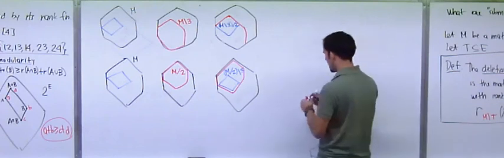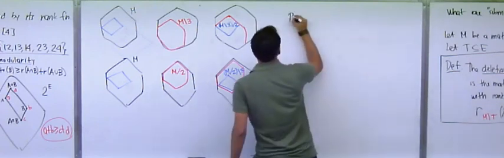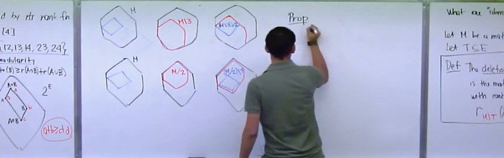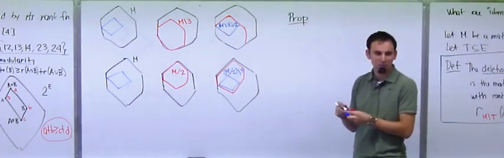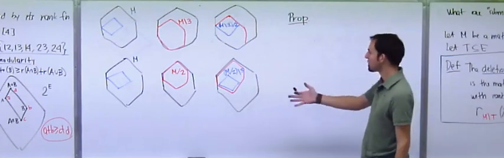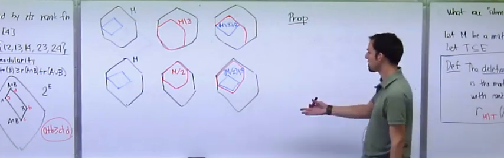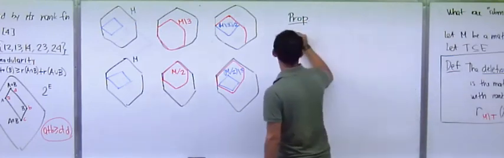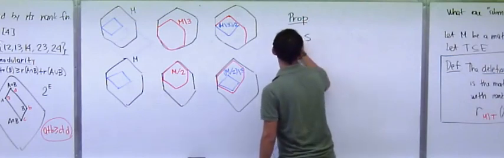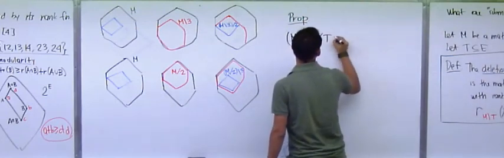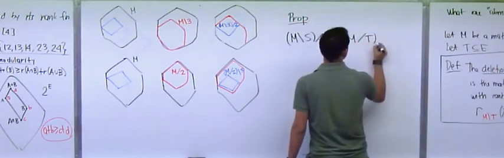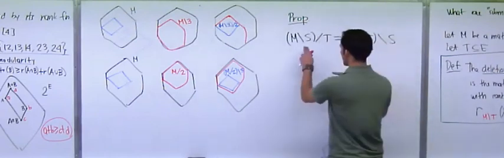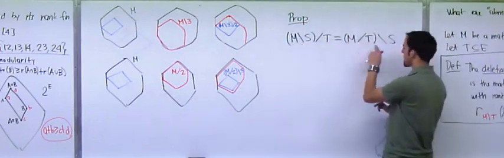Okay. So what did I just prove? Now, of course, you have to actually write down what it is that we proved and put it in math words, but this is really the proof. Proposition: deletion and contraction commute. So you can either delete first and then contract, or contract first and then delete.